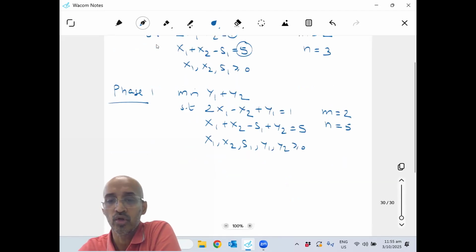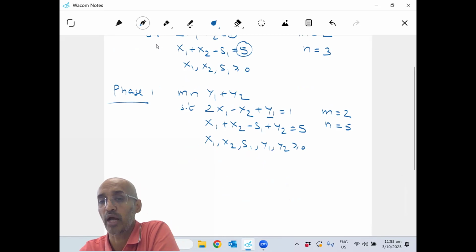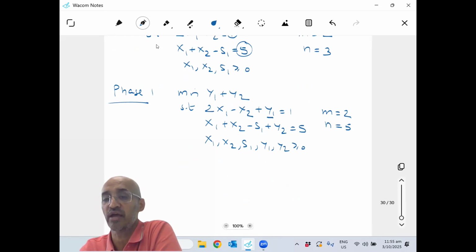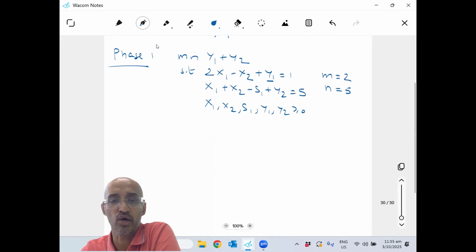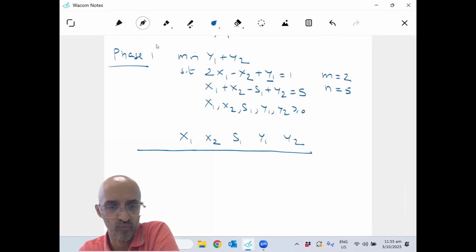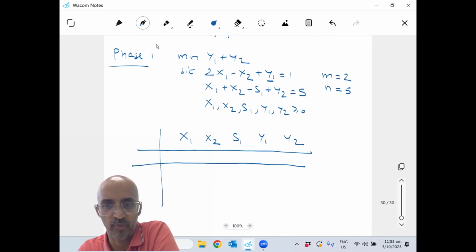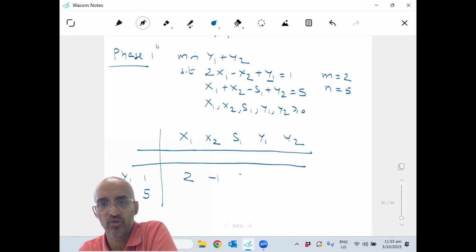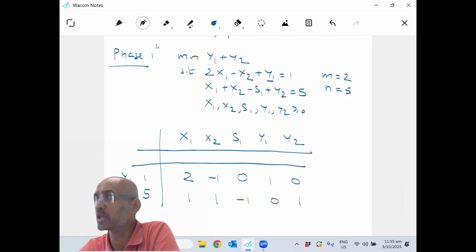What's my starting BFS? Put y1 equal to 1, y2 equal to 5, everything else equal to 0. So if you write down the starting basic feasible solution, x1, x2, s1, y1, y2, my y1 and y2 are 1 and 5. I write this 2, minus 1, 0, 1, 0, 1, 1, minus 1, 0, 1.